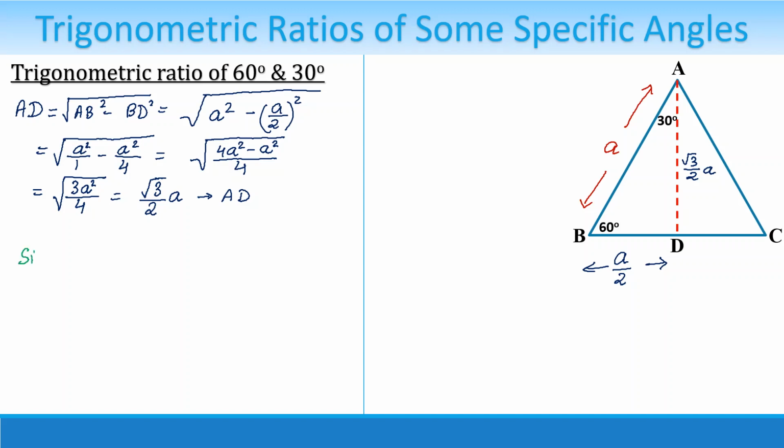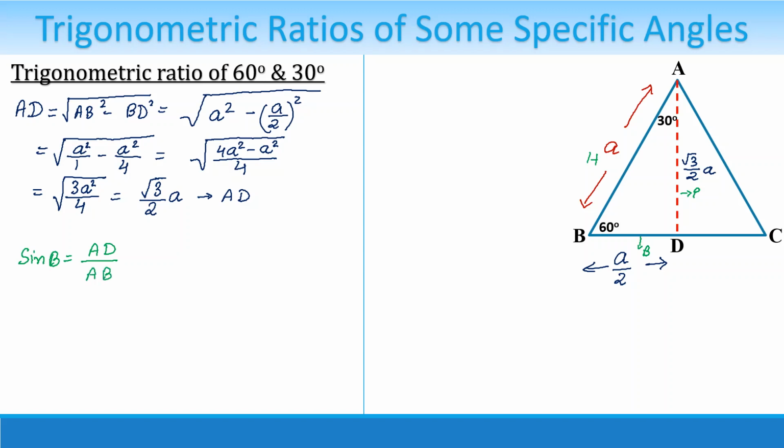If I calculate sine of B for angle B, this AD will be perpendicular, this BD will be base, hypotenuse will be AB. So sine B is perpendicular by hypotenuse, so it will be AD upon AB.